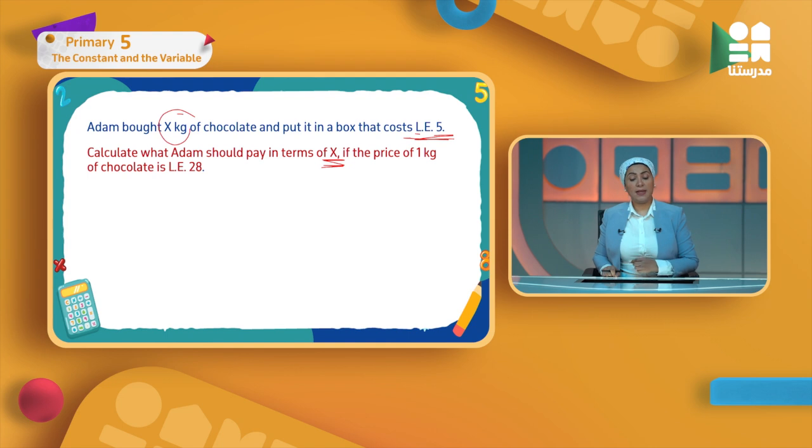So now I got the information that 1 kilogram of chocolate is LE28. 1 kilogram will cost me LE28 plus of course the price of the box. So I want to know the total amount of money that Adam should pay in terms of X. And I don't know how many kilograms he bought, so I will guess. First I have to get the relation, according to which I will calculate how much money he will pay.